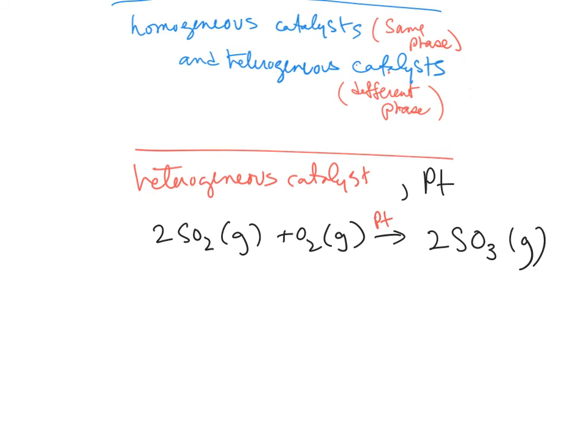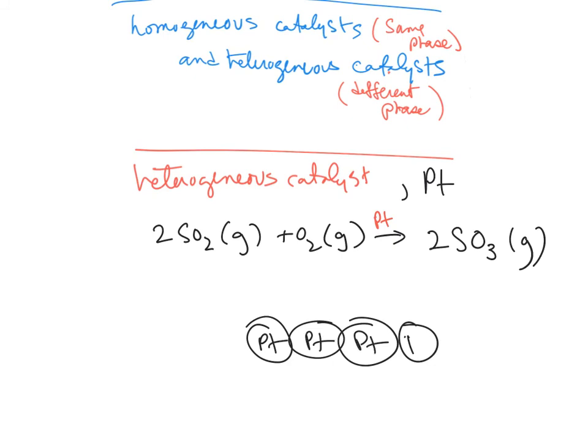And the idea here is that you've got these platinum atoms at the surface of your platinum material, and the O2 molecules kind of swim up to it, and it makes the O2 bond much easier to break because they start interacting with the platinum, and then the double bond will break more readily, and then it can react with SO2 to form SO3.